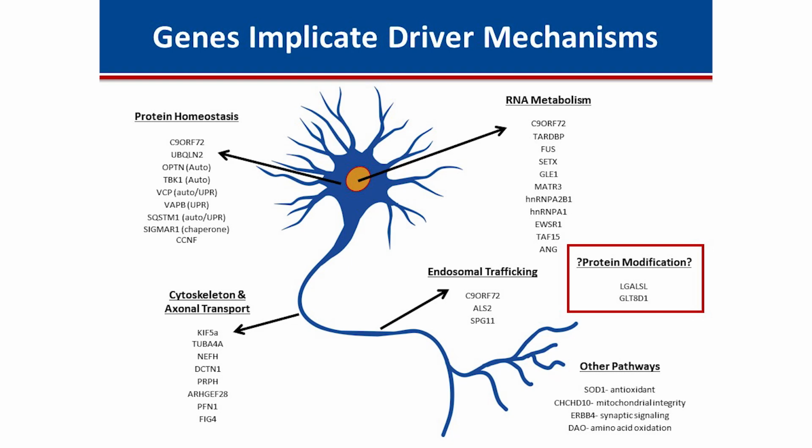How the cell takes things that were manufactured here in the cell body and ships them all the way out to the nerve terminals near the muscles has alerted us to the importance of the cytoskeleton and how axons transport materials. And then we've learned about some other pathways that are important. And one of the discoveries that I'll talk about today has put us onto a new pathway that hasn't been heavily investigated for ALS. And that is how proteins get modified so they end up where they're supposed to go within the cell.